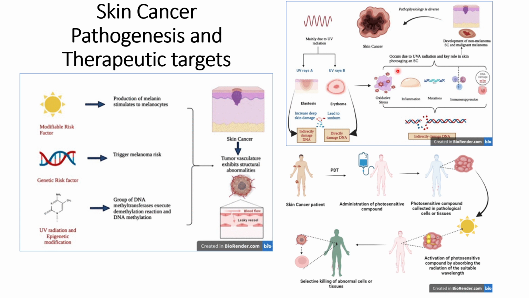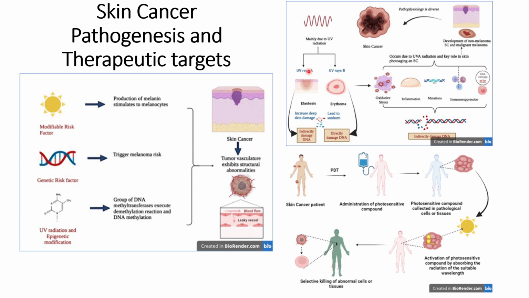Now we will understand how UV radiation causes DNA damage. There are two different UV rays that might cause skin cancer: UV-A and UV-B, and they are distinguished based on their wavelength.